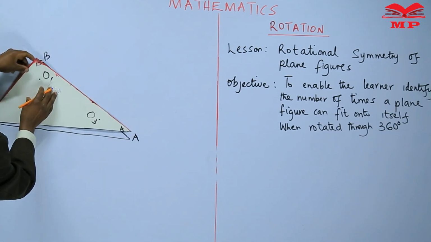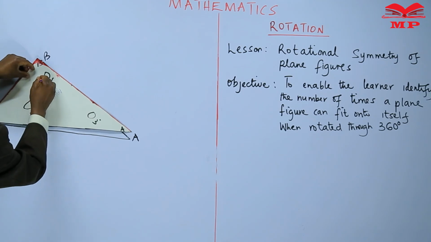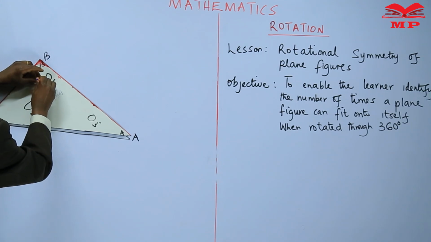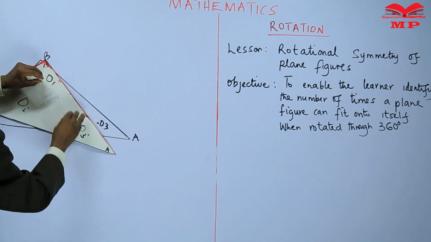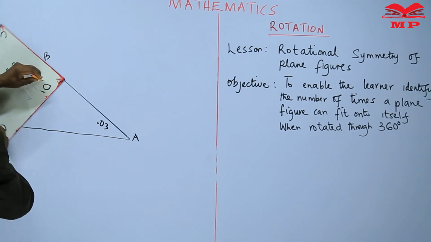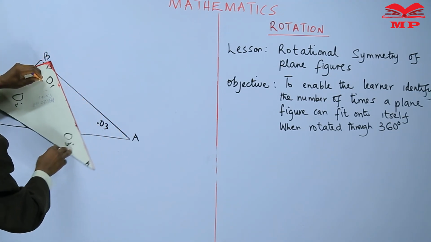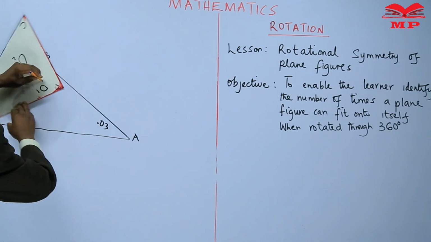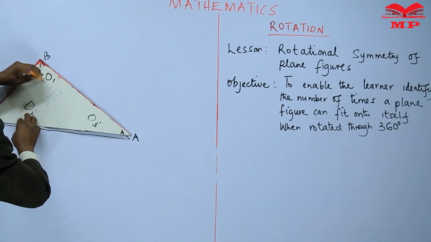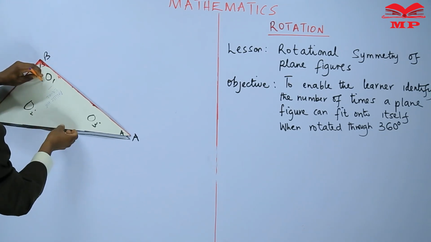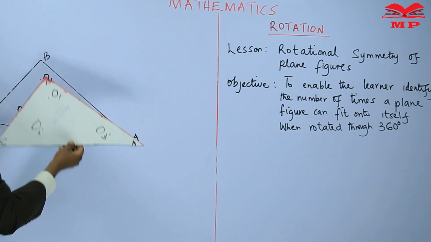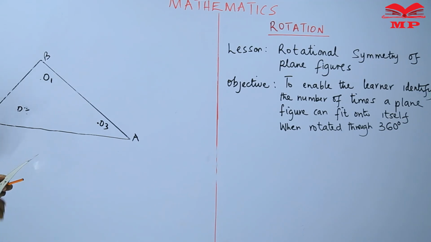I'll rotate, and you'll see how many times it will fit. I start rotating. Not yet. No, it doesn't fit, until the rotation is 360 degrees. At that point, it can only fit once in a rotation of 360 degrees.